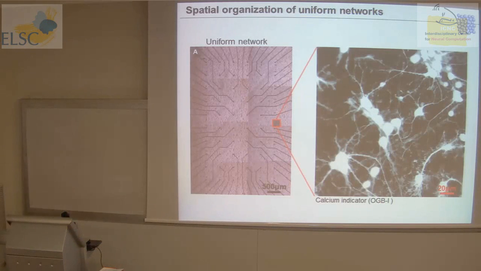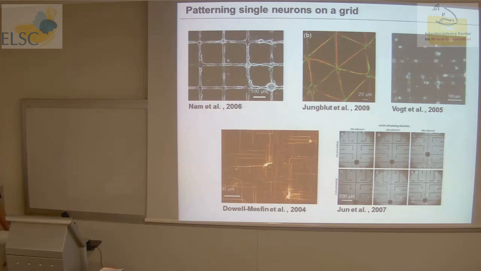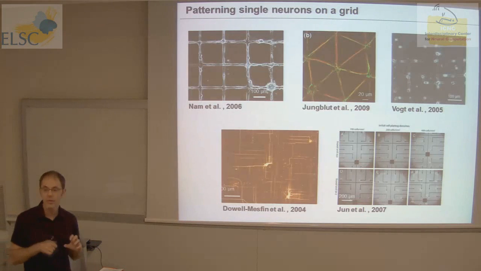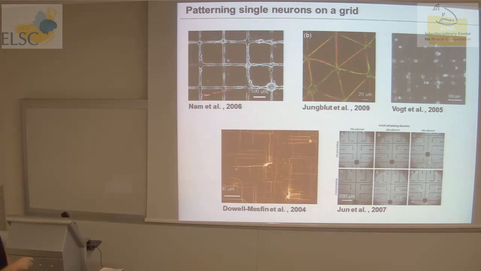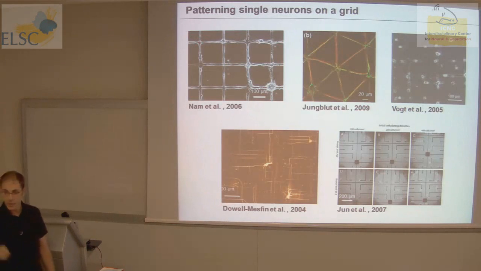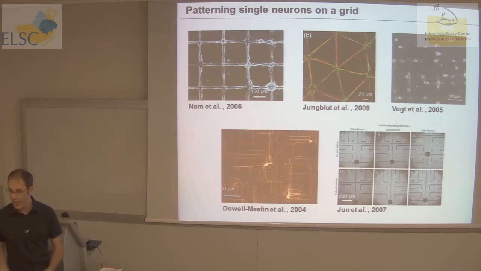Because of this, a lot of effort was invested into trying to control the connectivity patterns of networks in culture. The ultimate goal was to get networks such as this, where you have neurons at the nodes of a grid with extensions connecting them along grid lines.